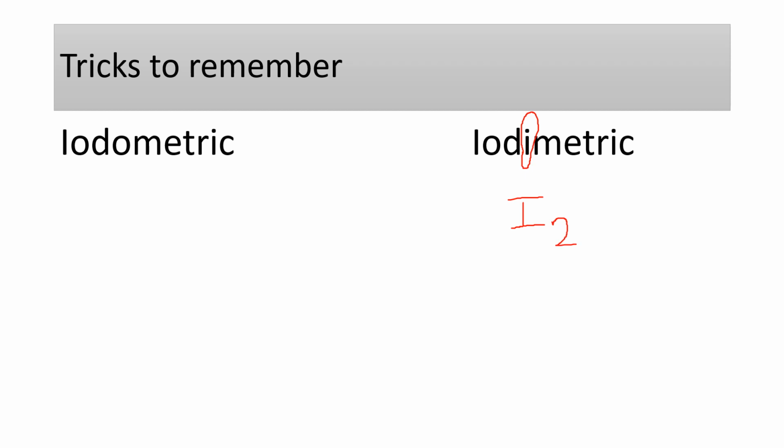I means iodine is already there in the burette. Here I is not there. What does it mean? It means you're going to produce it. Remember this 0. What does this 0 mean? It is not there. I2 is not there, which you are going to produce. You produce it by adding KI. I hope you will remember this.